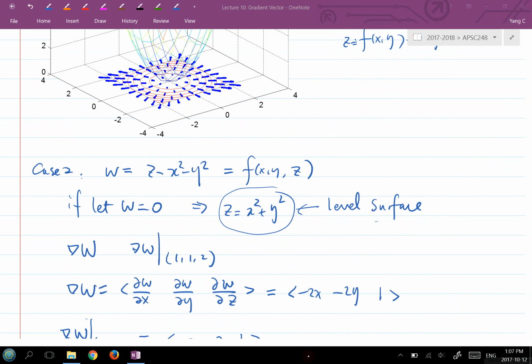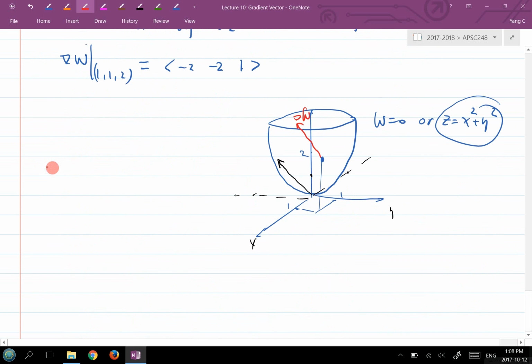Maybe the question given is the function z equal to x squared plus y squared, but what you may actually need is either del F or del W, whether it's 2D or 3D. That's the fundamental difference here, what type of vector the question is asking for.